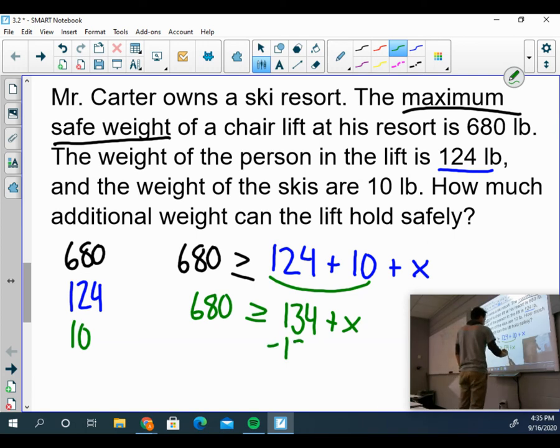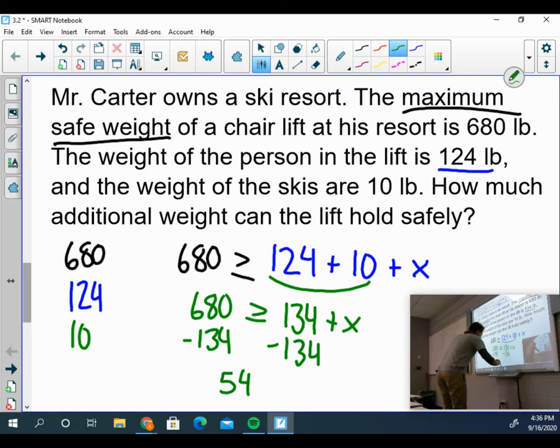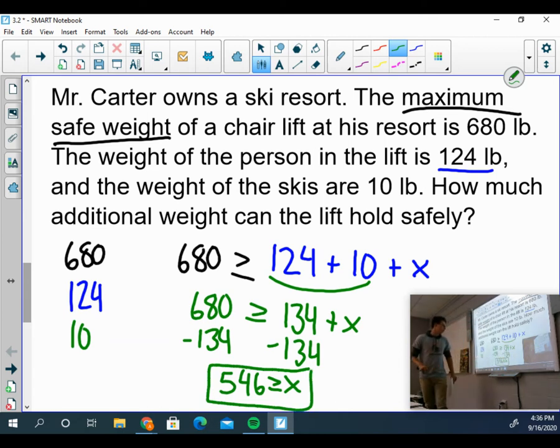Now we're going to subtract 134 from both sides to get that x by itself. And we find out that 546 has to be greater than or equal to x. Did a little mental math there. Okay, 546 has to be greater than or equal to x.